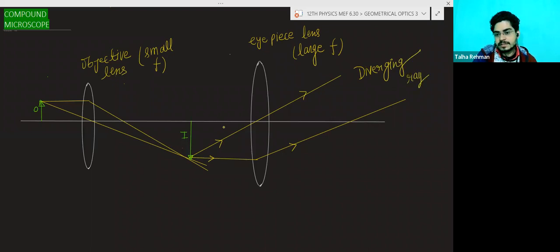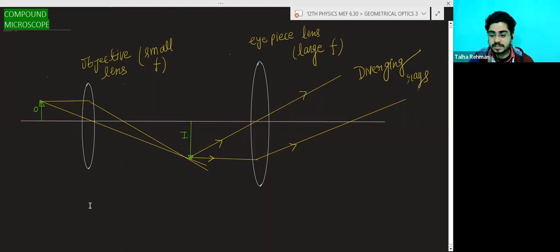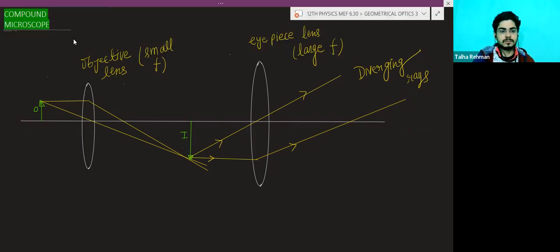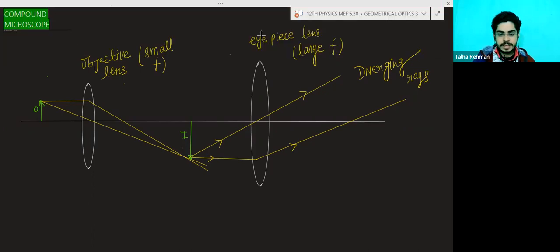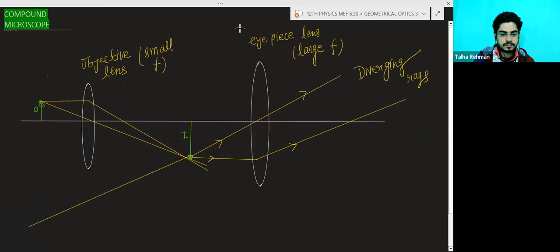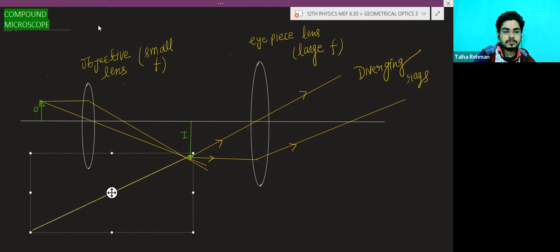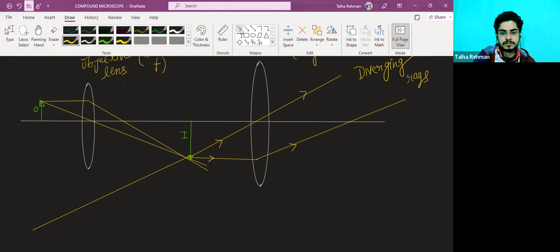Diverging rays will never meet. So what we will do, we will produce the diverging rays in the backward direction, and get the image.